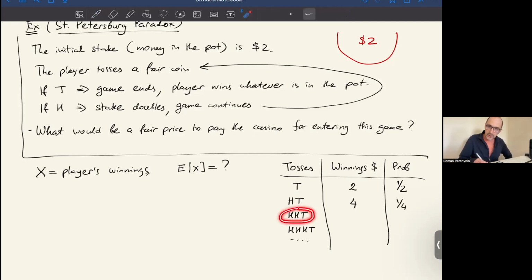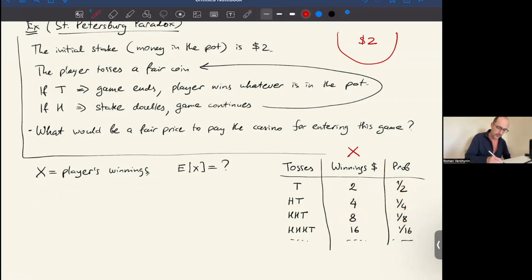If you toss HHT, then the stake doubled twice, from $2 to $4, from $4 to $8, and you go home with $8. The probability that you tossed HHT, one of the 8 equally likely outcomes, is 1/8, and so on. So the player's winnings can take value 2 with probability 1/2, 4 with probability 1/4, 8 with probability 1/8, and so on.